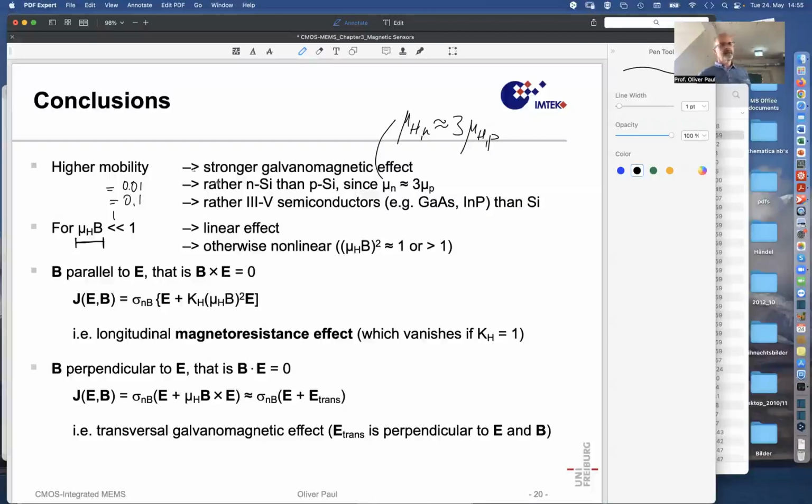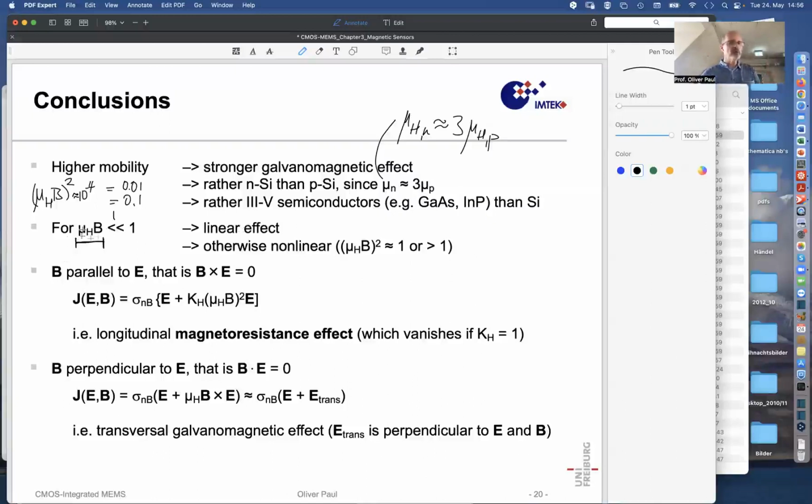Then the other terms that appear with the square would be of the order of 10 to the minus 4. So the original current, or the first term, is size 1. The linear term is size 0.01, 1%. And then the nonlinear thing is yet a factor of 100 smaller. Okay, that is for sure the case.